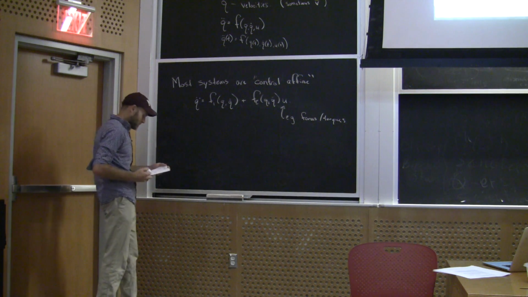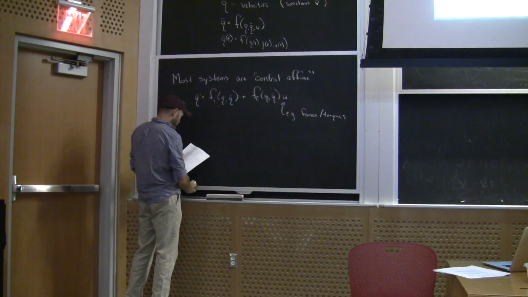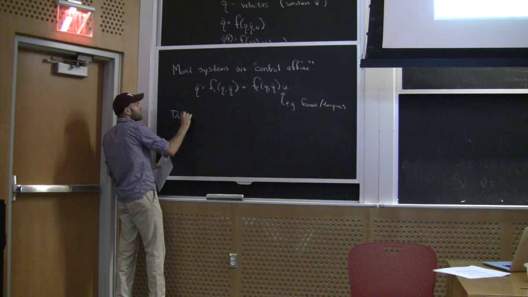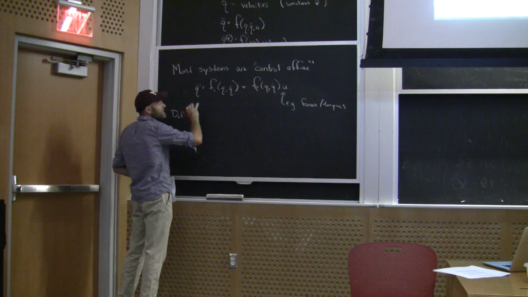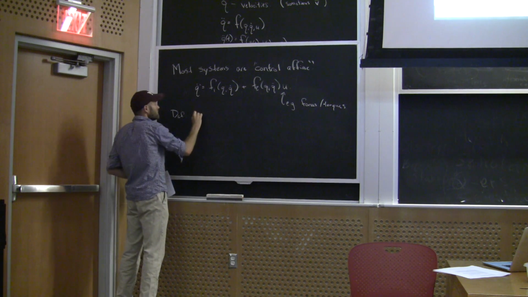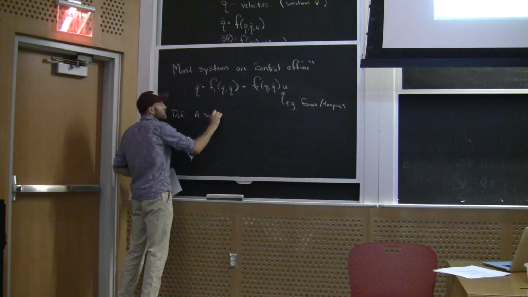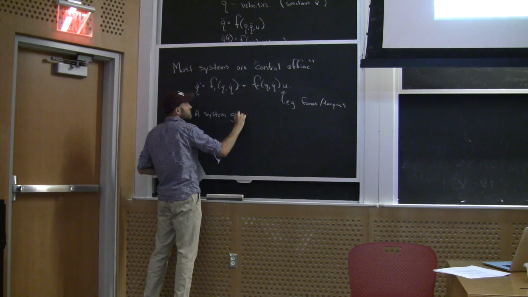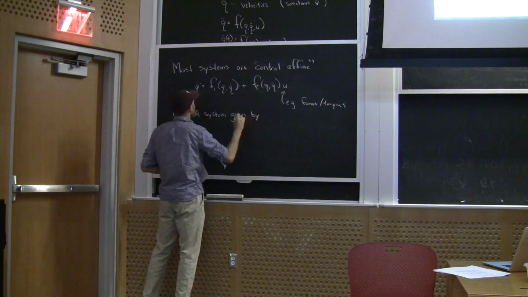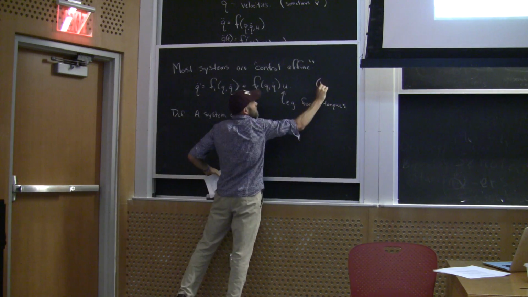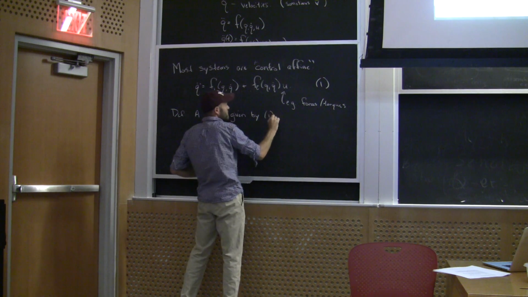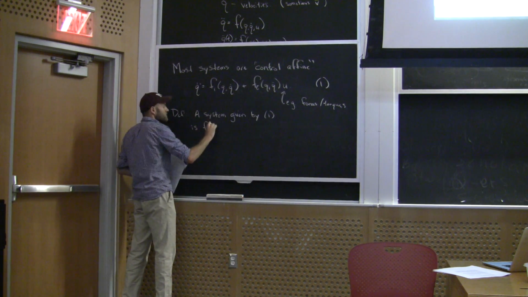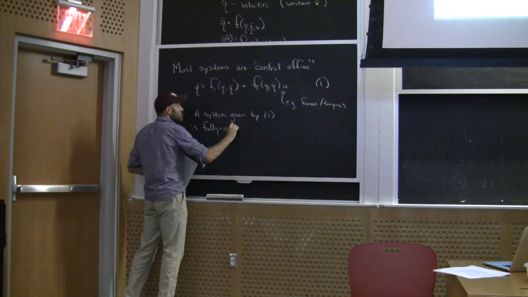Okay, so we're going to say that a system given in this form, call this equation 1, is fully actuated. Let me define fully actuated first.